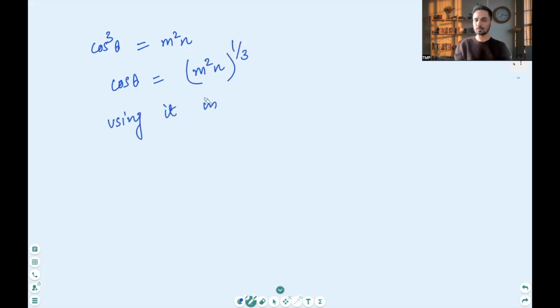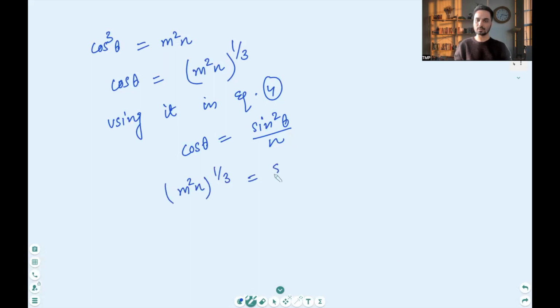Using it in equation 4, which was cos theta equals sin square theta over n, we will get m square n raised to the power 1 over 3 equals sin square theta over n, or m to the power 2 over 3, n to the power 1 over 3 times n equals sin square theta.